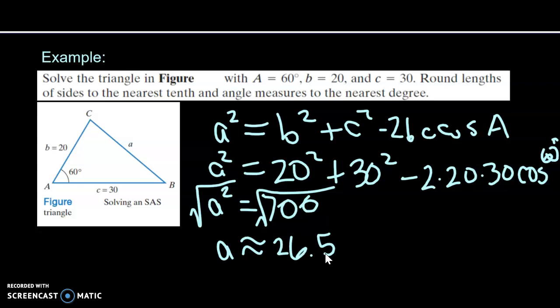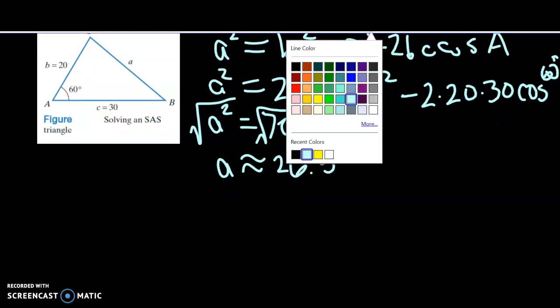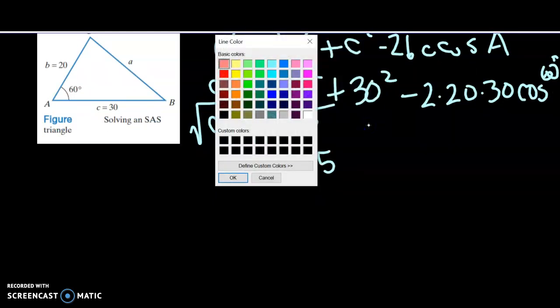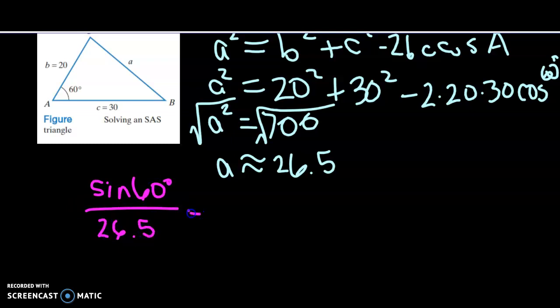Now we use the law of sines to find that other angle. We're going to do sine of 60 over the measurement we just found, 26.5, equals sine of B over 20, since we don't know angle B, but we know side B is 20.